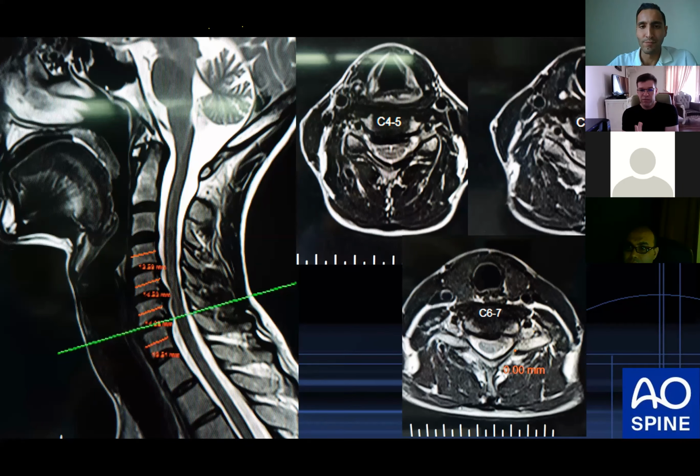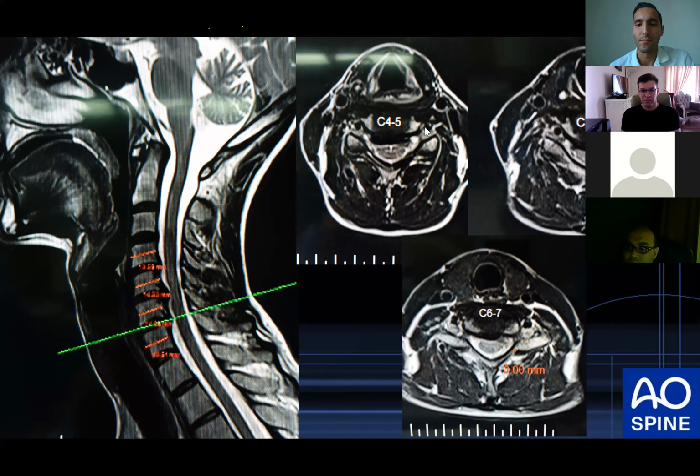And maybe, because as Oscar mentioned, she is 38 years old, it seems there is one level that causes most of the symptoms, and maybe the rest will be partly responsible for the symptoms. The decision to go for 3-level ACDF or 3-level TDR at 38 years old goes more or less to an extreme kind of treatment.